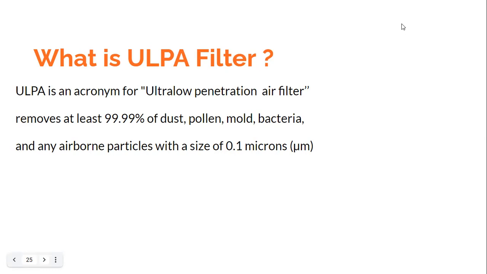For HEPA filters, what was the size? It was all the particles above the size of 0.3 micrometers. And here it is all the particles with the size of 0.1 microns and above. So 0.1 micrometers and above, all the particles would be filtered by ULPA filters.